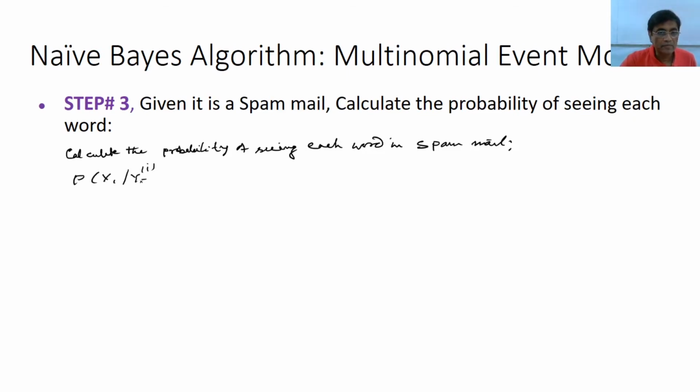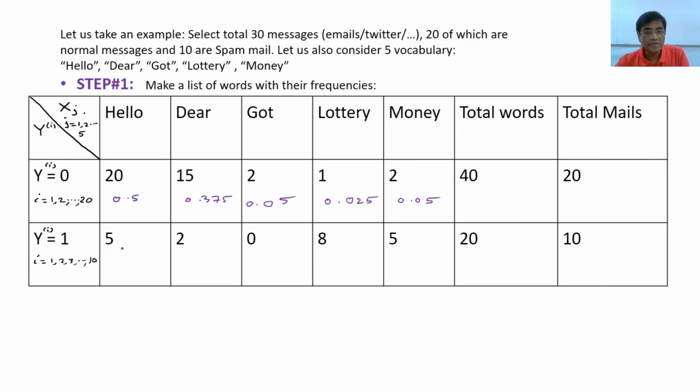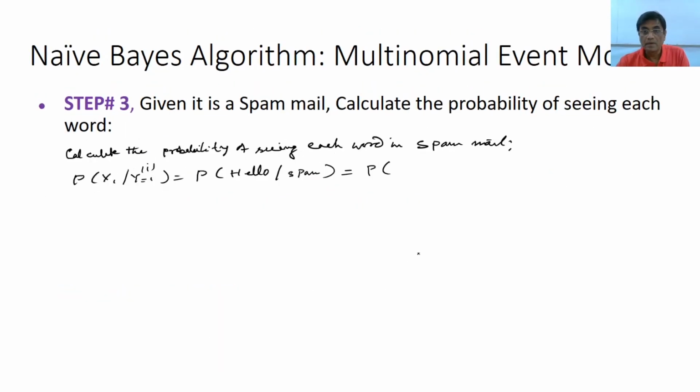Now you have 1 equals to probability of hello, given it is spam. Also, how many times, let's go back here. 5 times hello occurred out of 20.